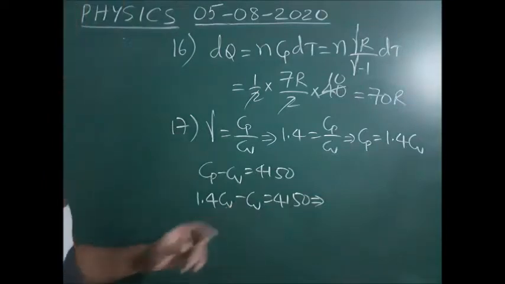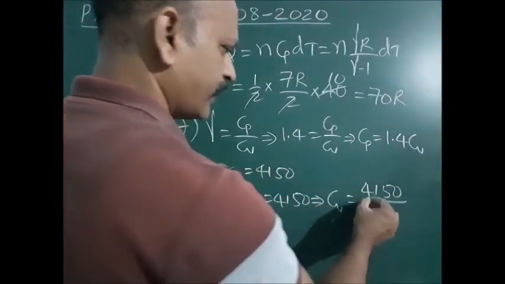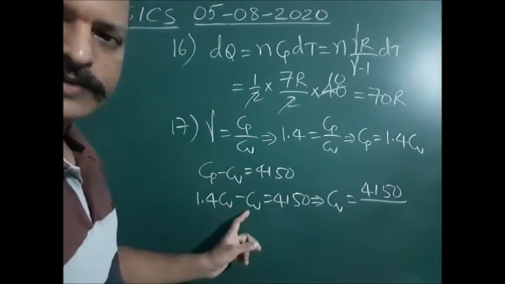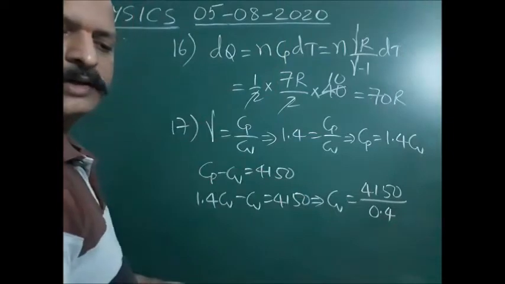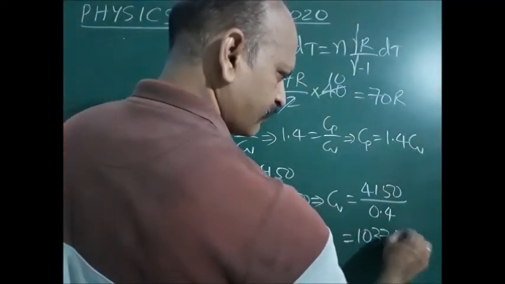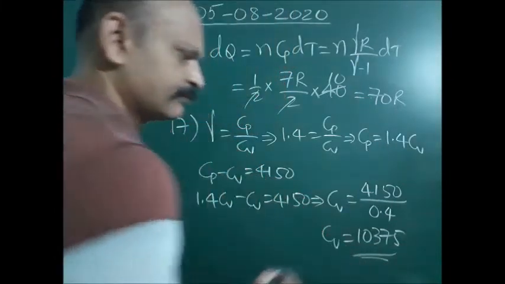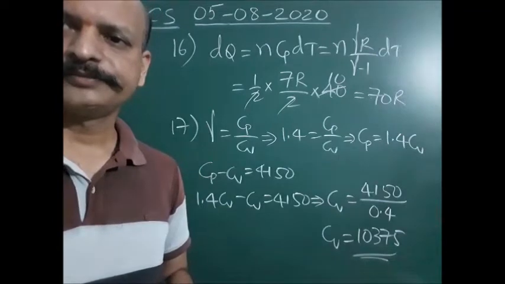That means Cv is equal to 4150 by (1.4 minus 1), which is 0.4. This will be nothing but 10375.